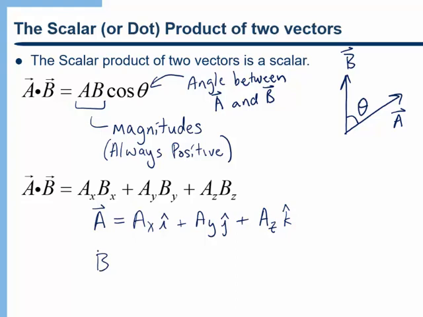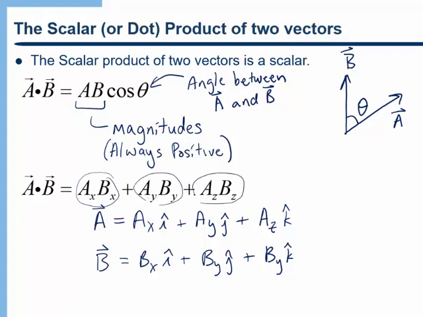And let's say that I also have that information for vector B. Well, in that case, if I want to calculate the dot product or scalar product of those two vectors, you'll notice that what I do is I just take the x components and multiply them, the y components and multiply them, and the z components and multiply them, and then just add it all up. Notice that there are no i's, j's, or k's here because, remember, it's a scalar product. We should end up with just a number. No direction is there.